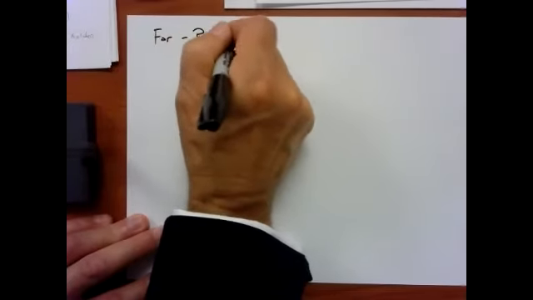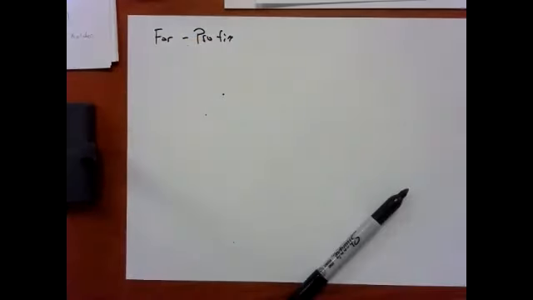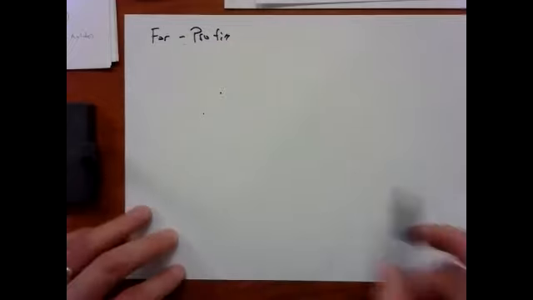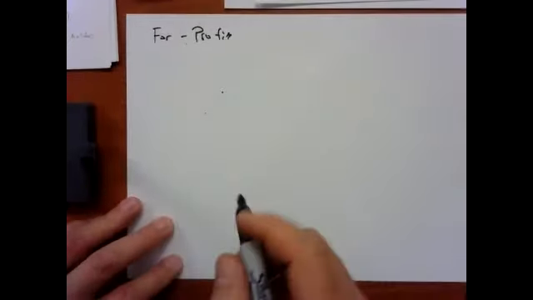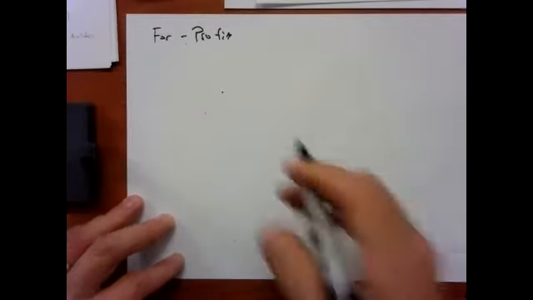Everything we've done so far in terms of assets and liabilities is essentially the same across both for-profit and not-for-profit. The equity accounts look a lot different for for-profit and not-for-profit. So we're going to do that owner's equity portion.